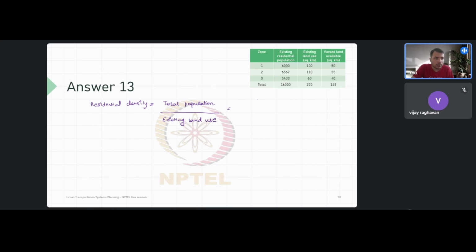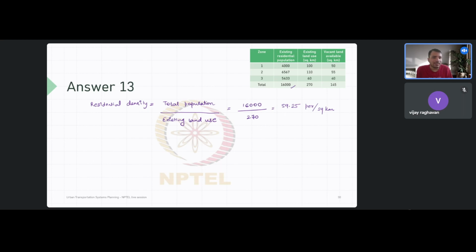Total population is 16,000. Existing land use is 270. So how many people are living per unit land? It will be around 59.25 persons per square kilometer.